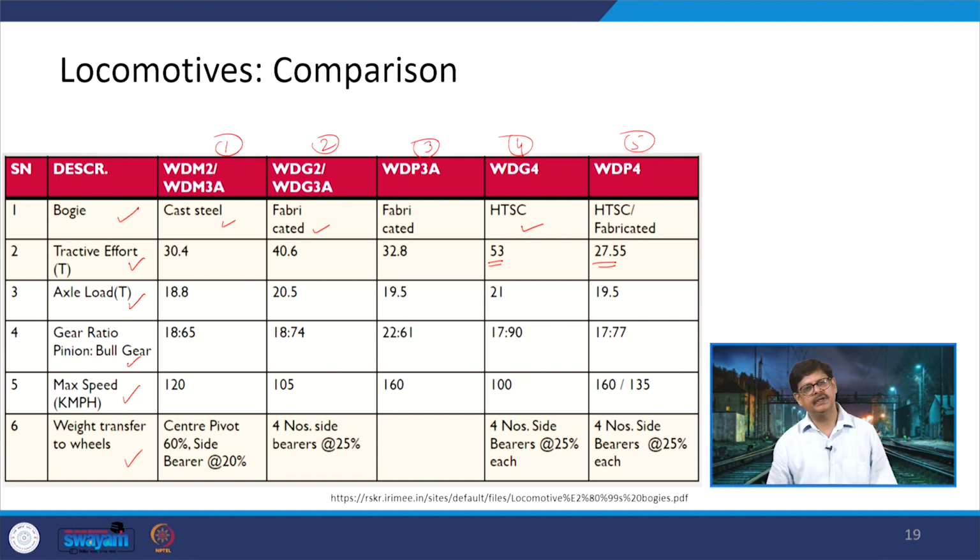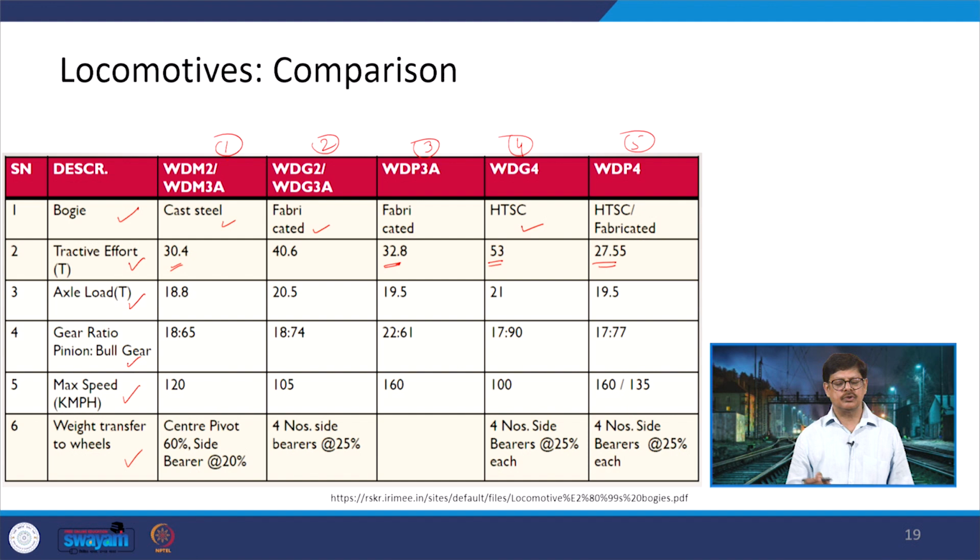So, it means it is being developed for carrying very heavy loads. In the case of passengers, it is 32.8 tons on this side and 27.44, but if it is a mixed one, then 30.4 tons is what is being carried.